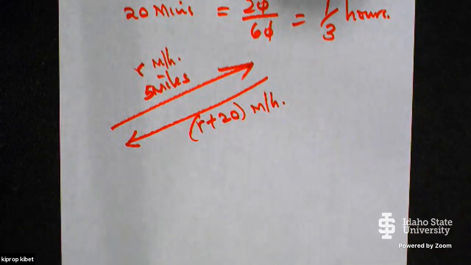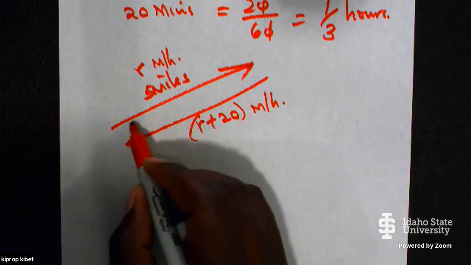What's the question? It took him 20 minutes longer to ride uphill than downhill. What was his uphill rate? How will you solve that?